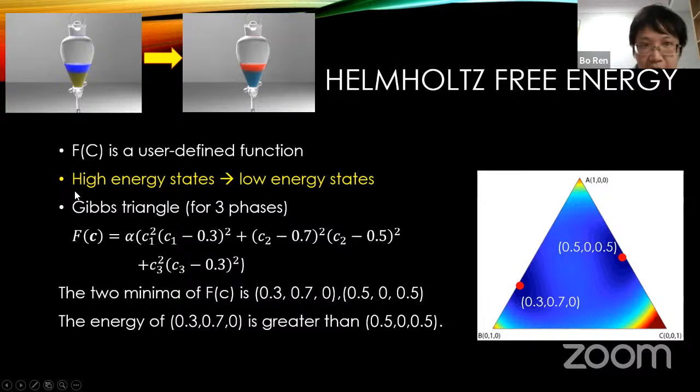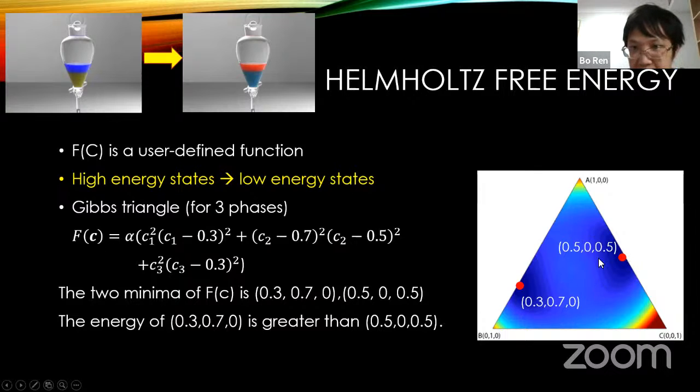In physics, there's a law that any physical system tends to move from a high energy state to a low energy state. So if we define this Helmholtz free energy in this form, the fluid system will tend to move to a mass fraction state which meets the minimum point of this free energy.